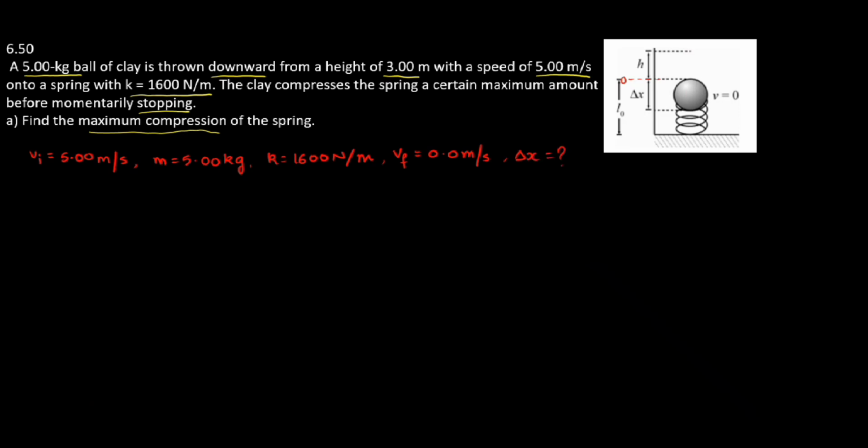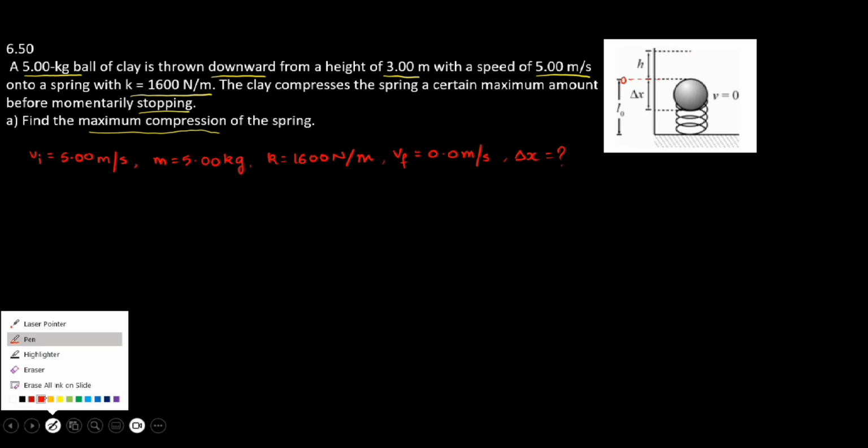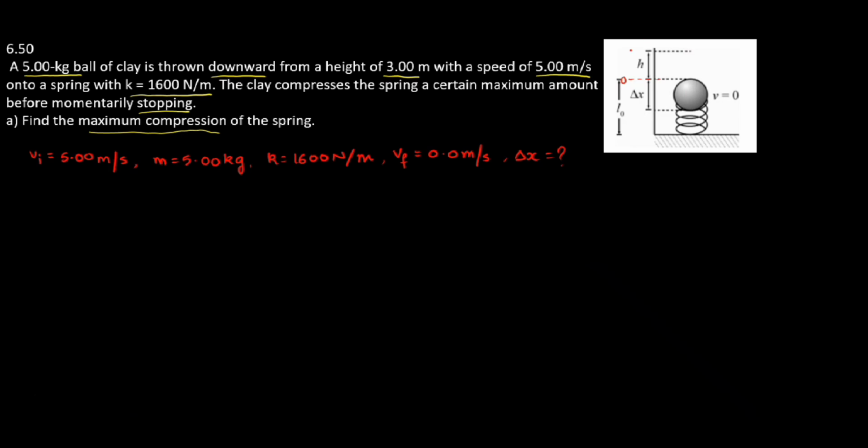We're going to use the law of conservation of energy to solve this problem. The law of conservation of energy says that total mechanical energy at any two points in motion is always equal. So let me take those two points as my initial point, which I will call 1, and my final point, 2.